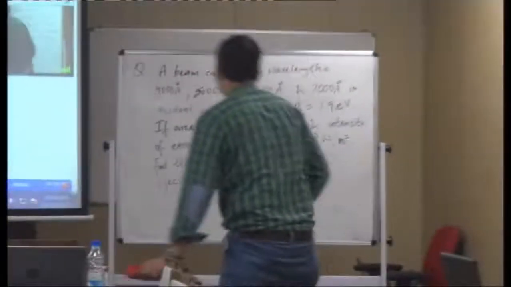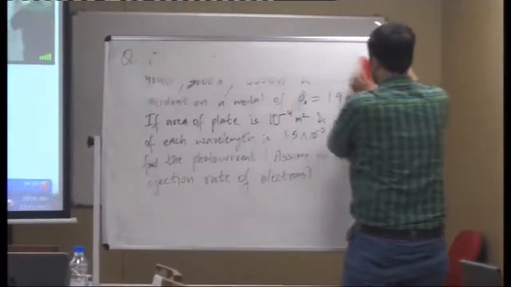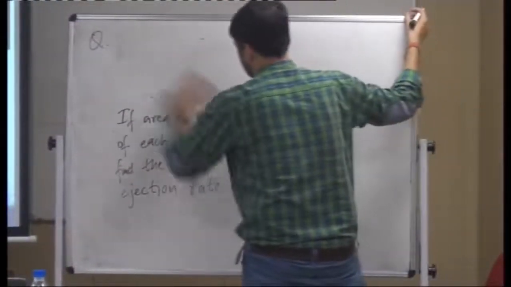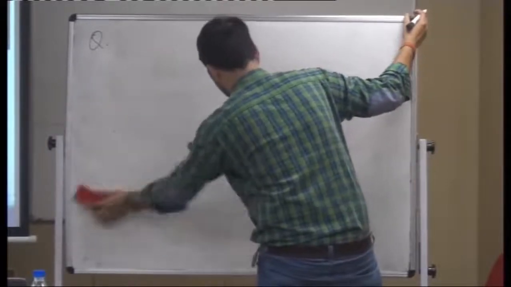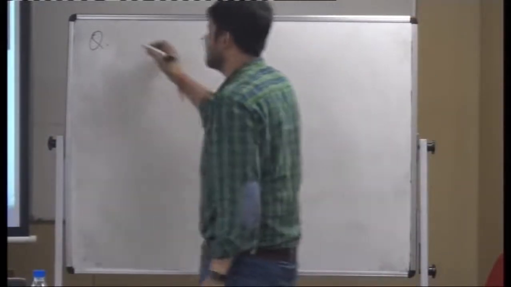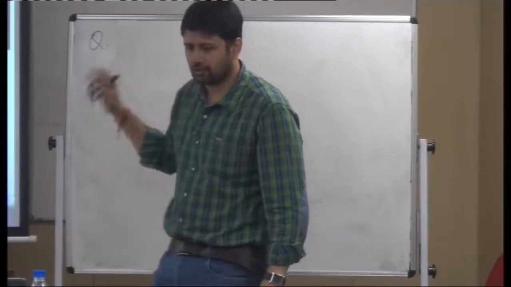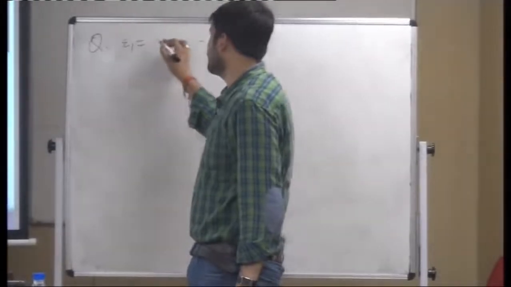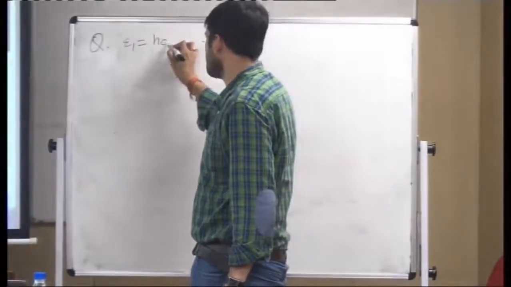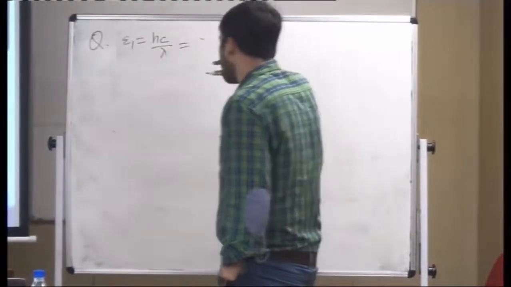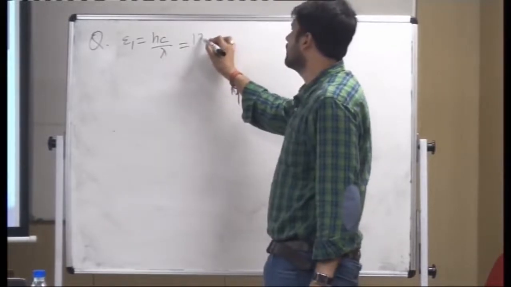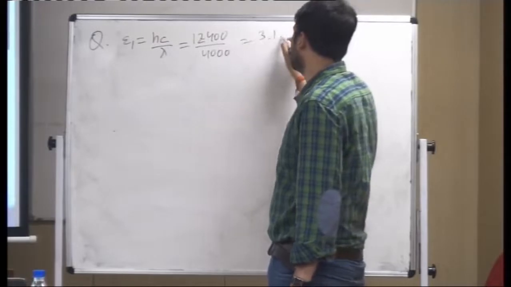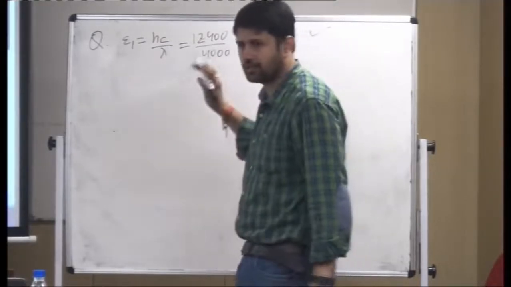चलो कर सकते हैं. I'll write the important values. The wavelengths are 4000, 5000, 6000 and 7000, right? So the energy for each case would be hc by lambda, which is 12400 by 4000, which is 3.1 electron volt. Definitely it would be able to.